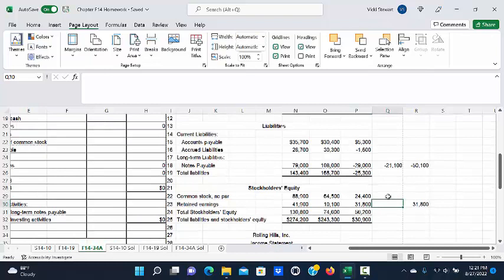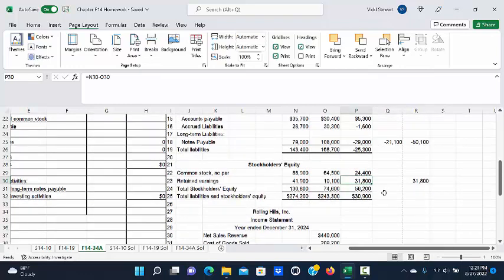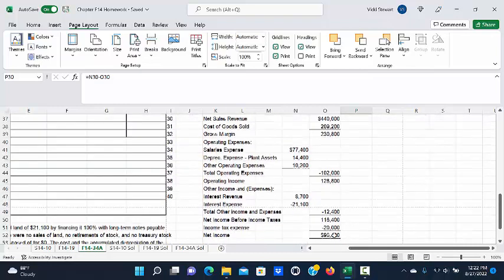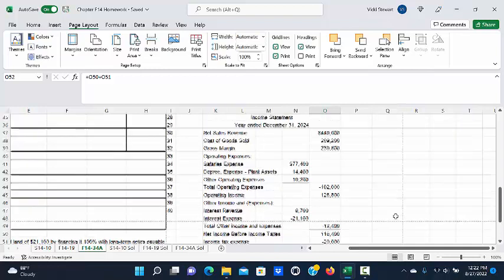We need to determine the amount of dividends that Rolling Hills paid during 2024. We see that retained earnings increased by $31,800. But when we go down and we look at our income statement, we see that it actually had net income of $96,400.